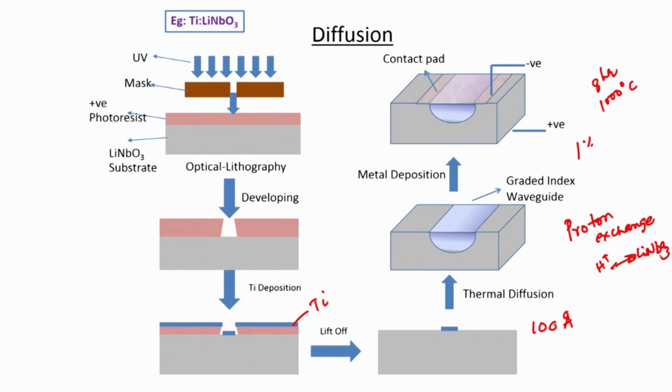Like what we observed for the glass waveguides, you take a melt of molten benzoic acid, which contains hydrogen ions, and they can be diffused into the lithium niobate. This proton exchange process is at a low temperature, and it could result in almost step index waveguides.